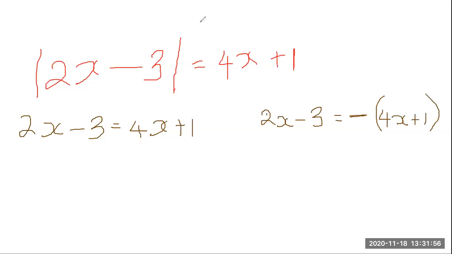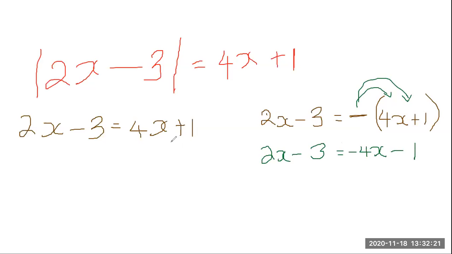And then once you get this, you know you're going to have to do the distributive property. Ideally, you're just changing the sign of what it was. All right, so this was a positive 4x, so it becomes a negative 4x. This was a positive 1, so it becomes a negative 1. And then you still have your 2x minus 3. This side is the same.